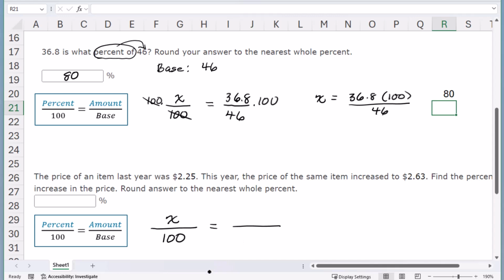Okay, the base, it doesn't say, there is no percent of that we can look at, but it does say last year, there's the price. So the base is the before price, which will be $2.25. Then the other amount is $2.63. So that must be the amount. Then to solve, times by 100, times by 100, and set up the calculation.